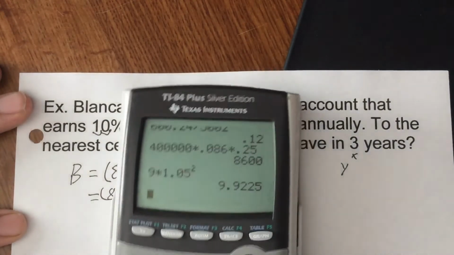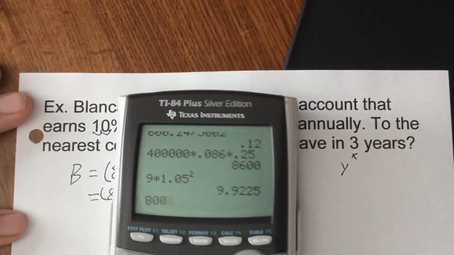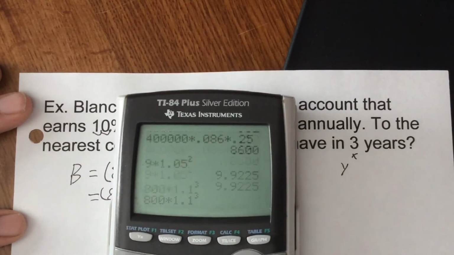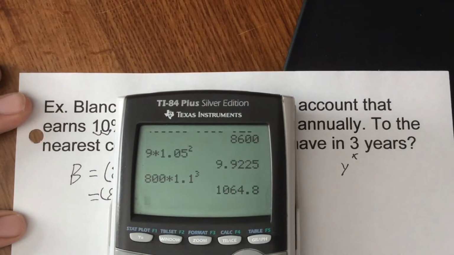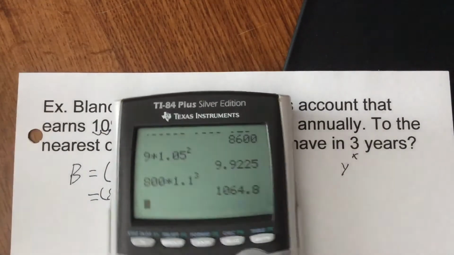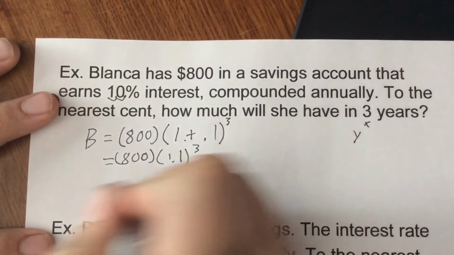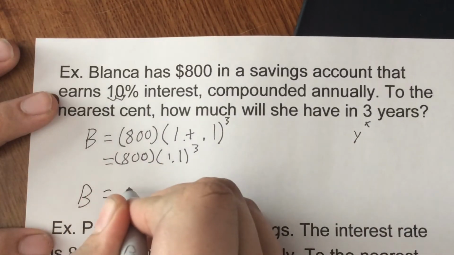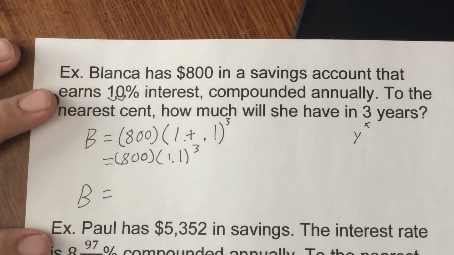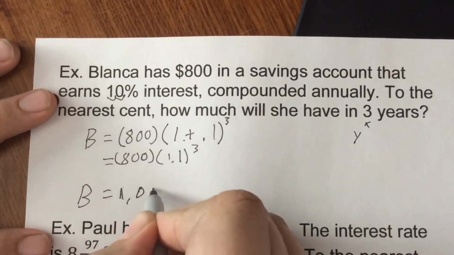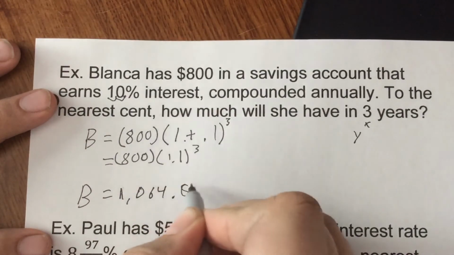But if we do this, we would have 800 times 1.1 raised to the third, and you get 1,064.8. Now, this is money, so we have to have 2 decimal places. So our B is going to equal 1,064.80.